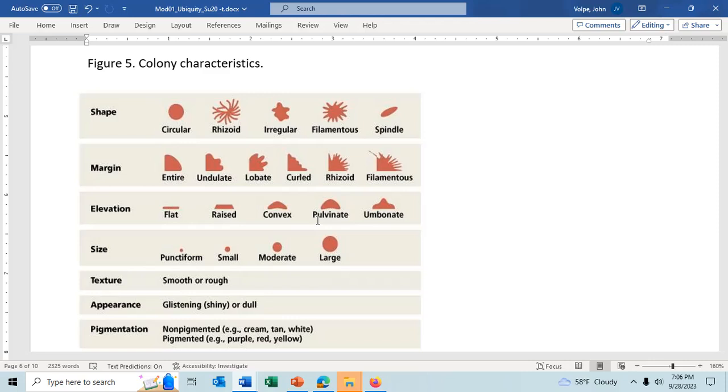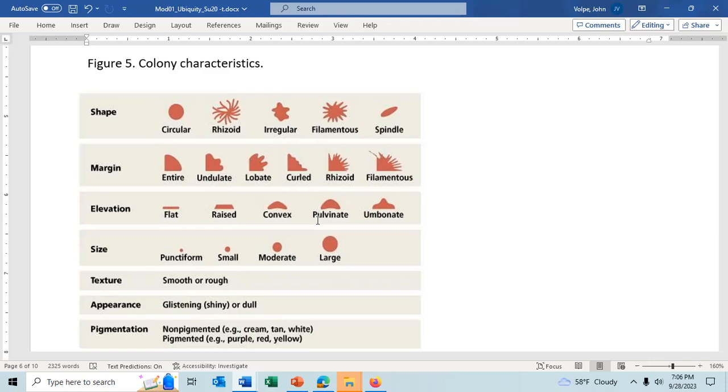That would be a moderate colony. Something that's small would be about the size of a pencil point. And then something that's punctiform will be just a pinprick, meaning smaller than the point of a pencil. And we're talking about a dull pencil, not a real sharp pencil. Any question about size?